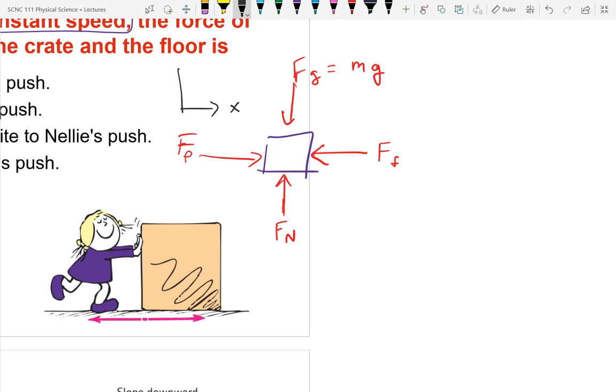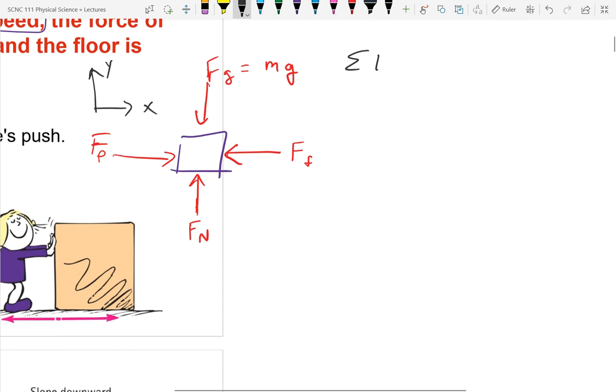We always use something to define our directions. X is the horizontal, Y is the vertical. Then I say the sum of the forces in the Y direction equals 0 because it's in equilibrium. I look at my diagram and ask, what arrows do I have that point the same direction as my Y arrow? Force normal. So that one's one of the forces in the Y direction.